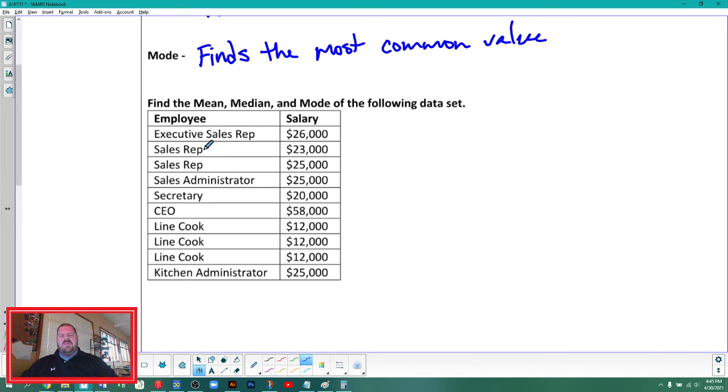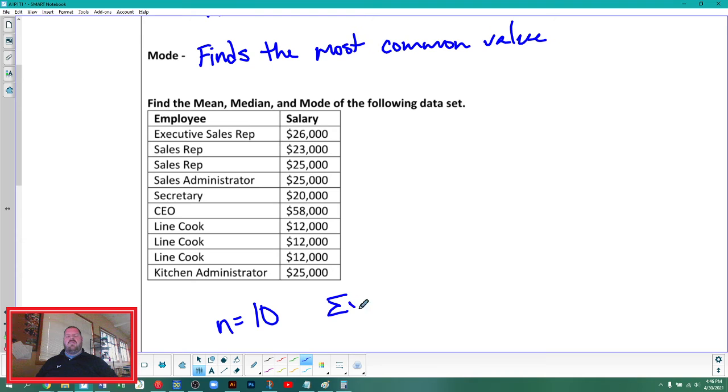So we have an executive sales rep, a couple sales reps, sales administrator, secretary, CEO, a couple cooks, and a kitchen administrator. That's 1, 2, 3, 4, 5, 6, 7, 8, 9, 10. So there's 10 people. We would say n equals 10.